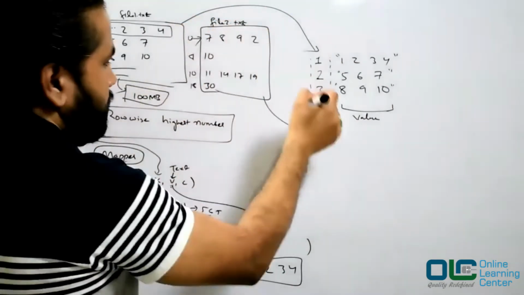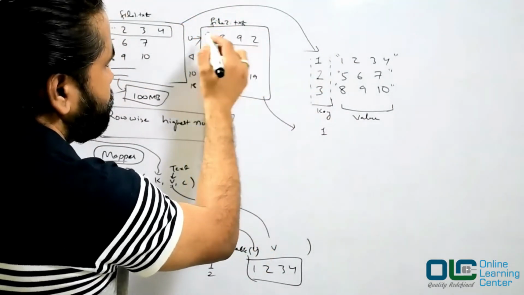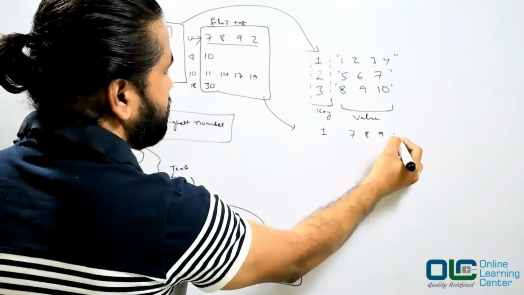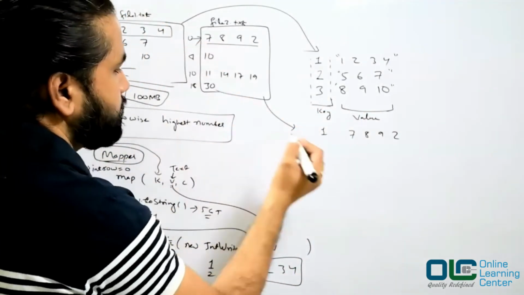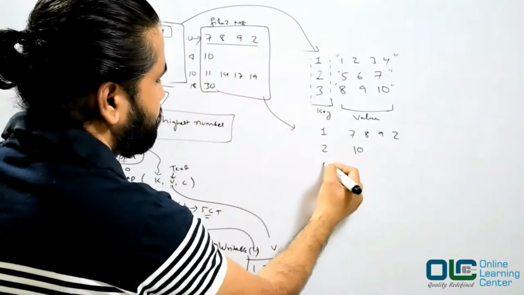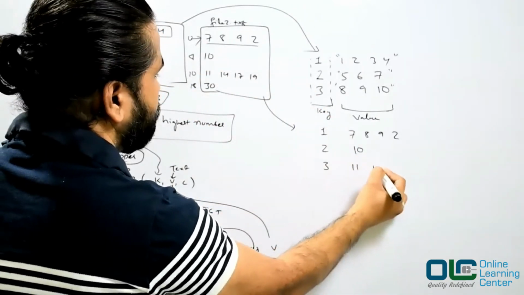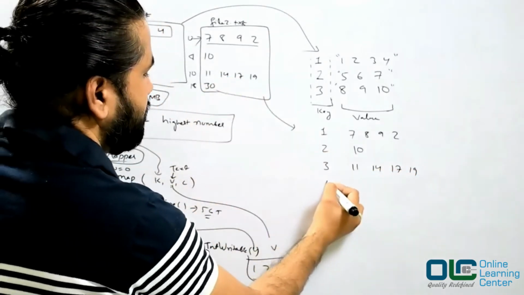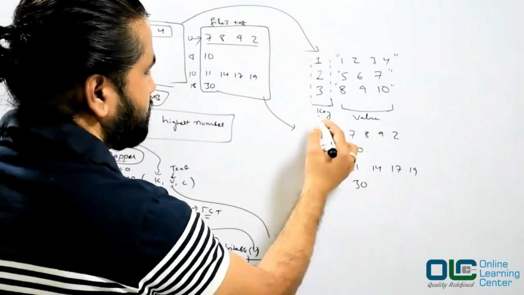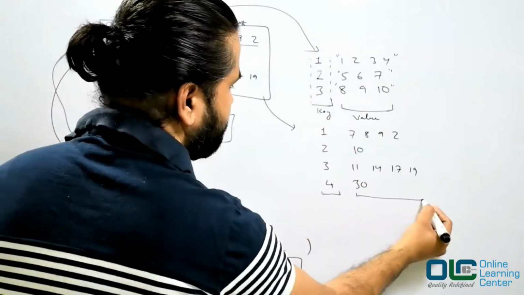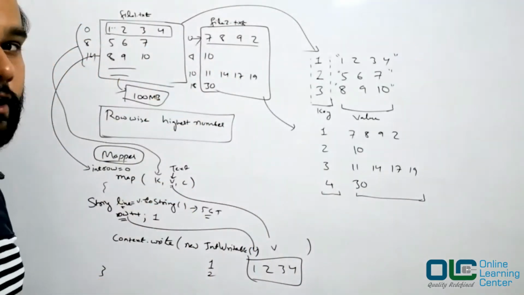So for this 7 8 9 0, what you'll get is 1 7 8 9 2. For this 10 you'll get 2 10. For this 11 14 you'll get 3 11 14 17 19, and this 30 is like this. So this is how you are going to get a key value pair for the second file also.